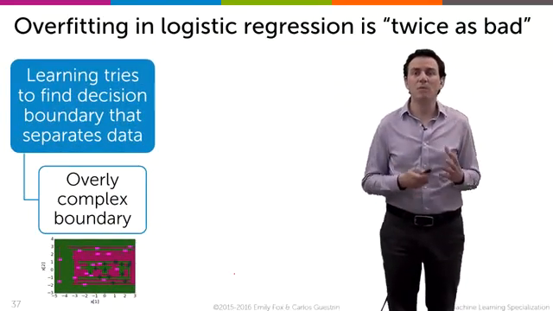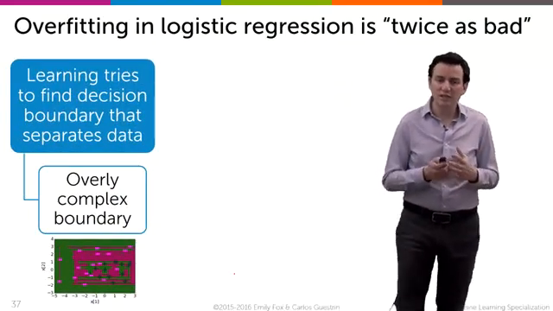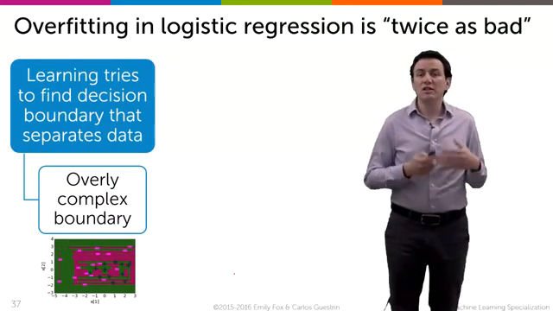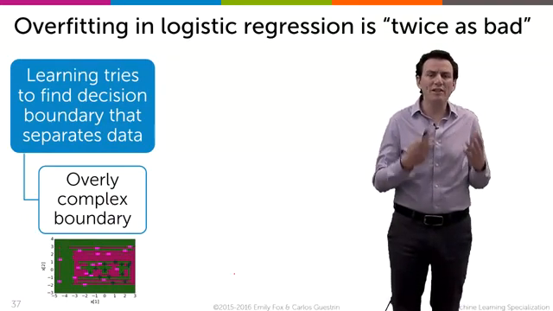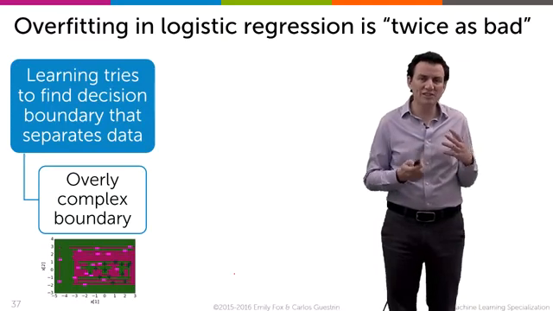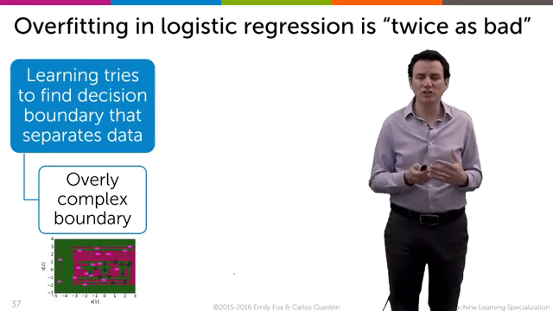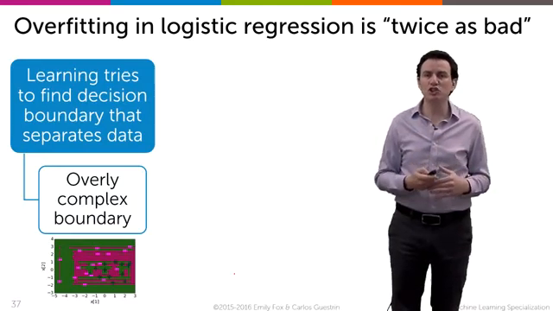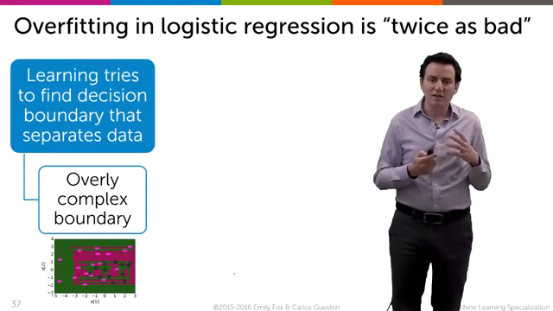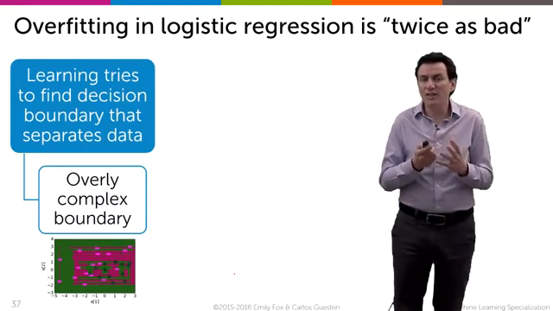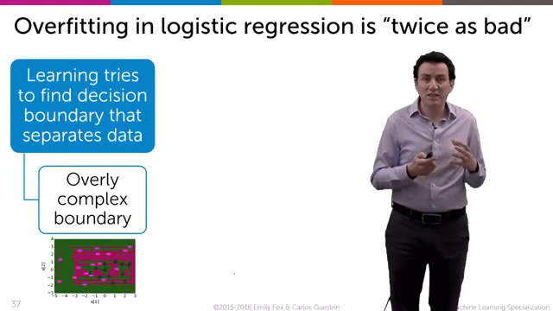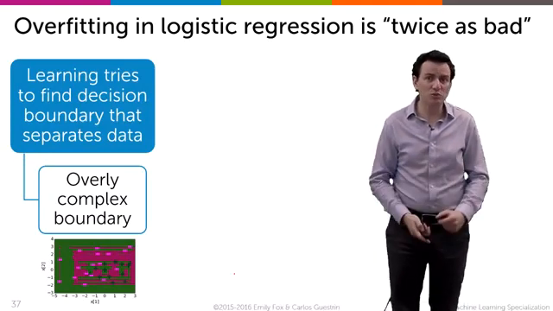So just as a summary of this optional section, we'll see that logistic regression overfitting here can be what I call twice as bad. We have the same kind of bad situation that we had looking at decision boundaries and typically in regression, where you learn really complicated functions with really complex decision boundaries that overfit to the data and don't generalize well.